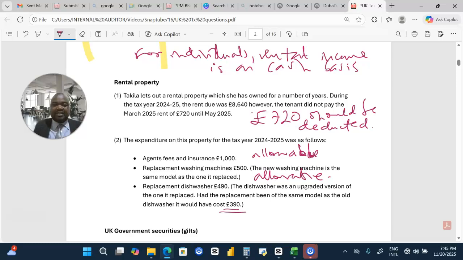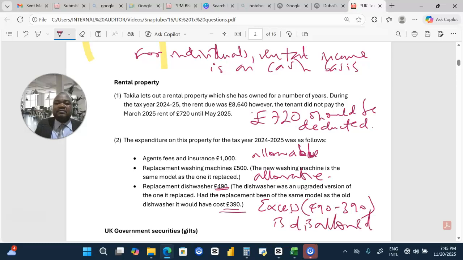Excuse me. The excess, that is 490 minus 390, is disallowed. So if the accountant had deducted the excess, we need to add that excess back. Is that clear? Great.